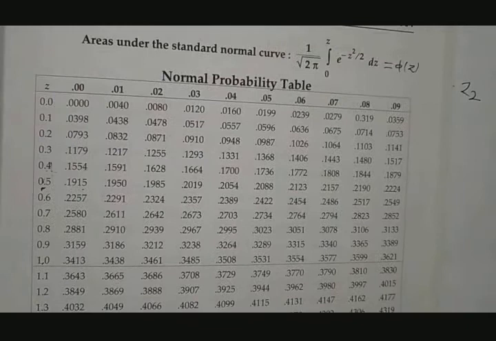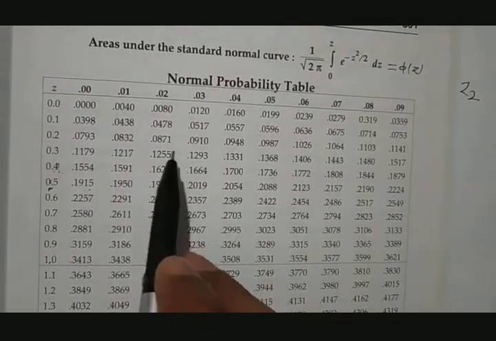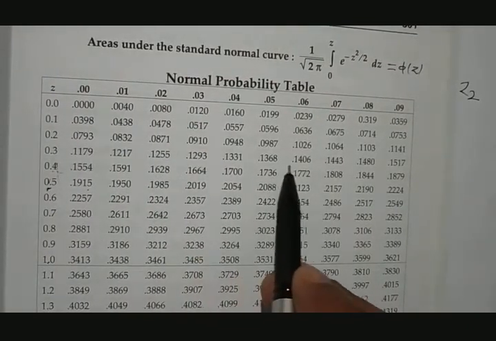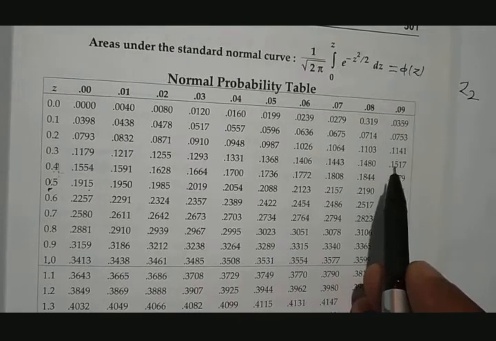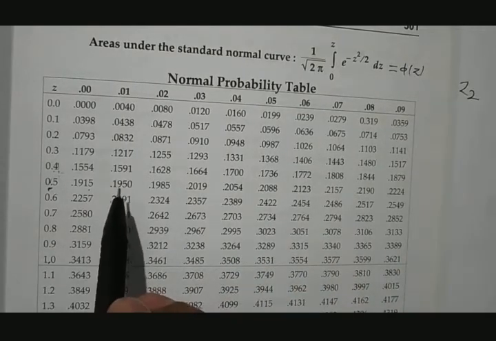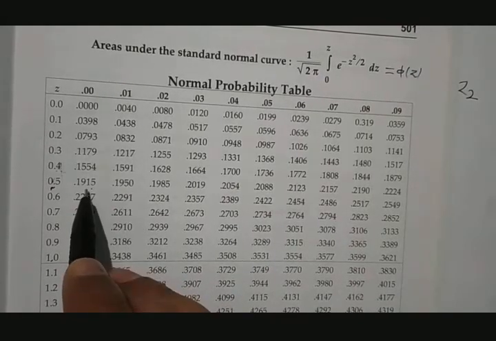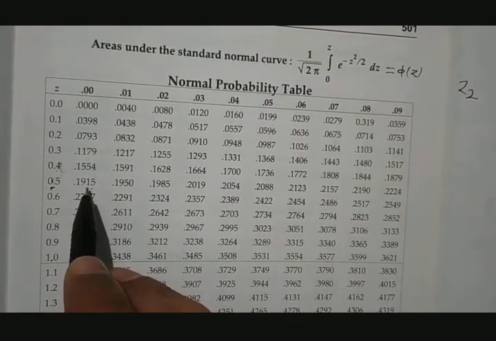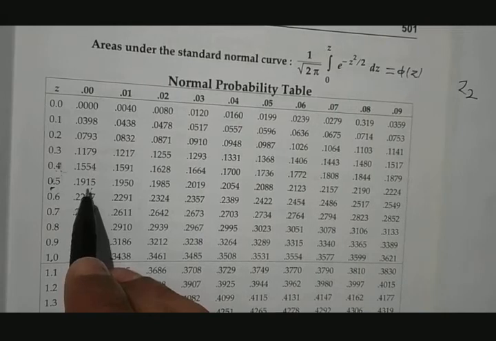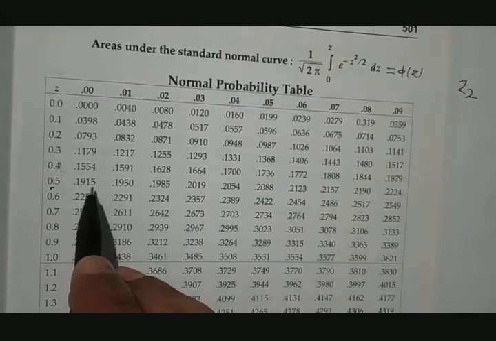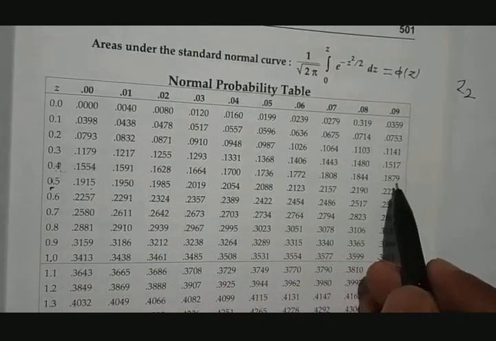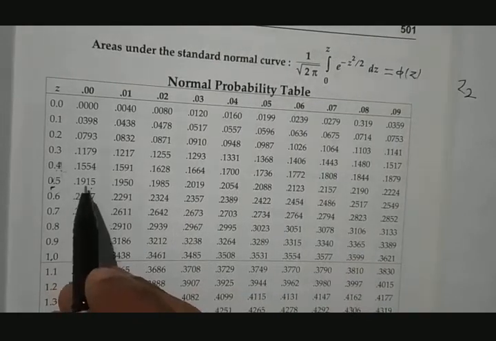You see, 0.19 means 0.1, this comes up to 0.15. Then it is 0.19. Here it is 0.19. Less than this, it is 0.1915. This is close, because less than this it is very less. Fine. So this number I'll take.